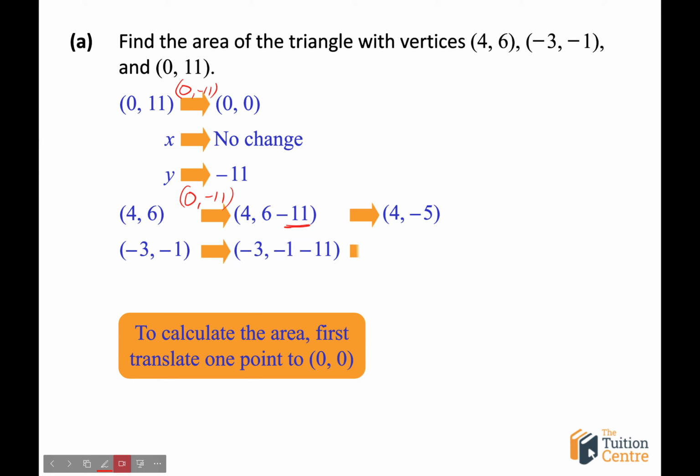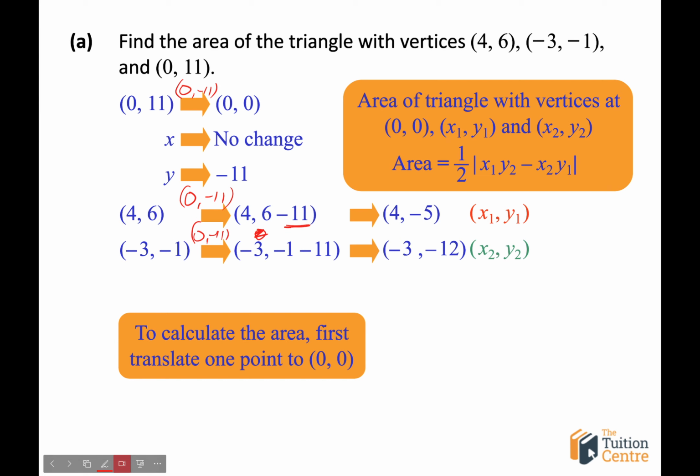Similarly for (-3, -1), there's no change to the x, but you're subtracting 11 from the y, so you're going to end up at (-3, -12). So we will label (4, -5) as x1, y1 and (-3, -12) as x2, y2.